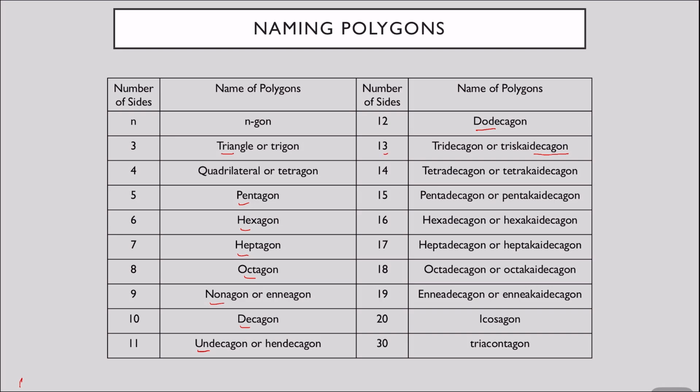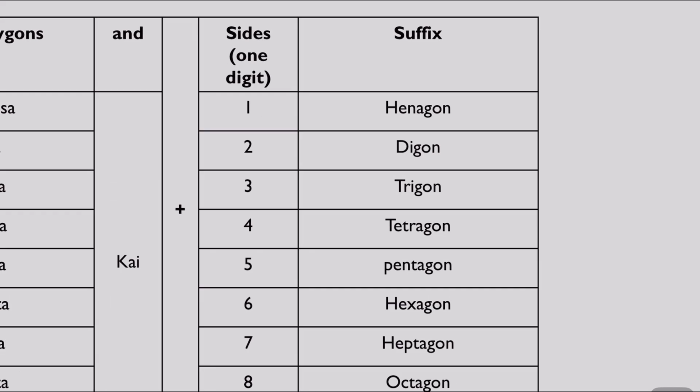So since we have 3, we have tri, or in this case it's tris. Then see that we have here an added syllable in the middle, kai. So as you can see, it's kai decagon, and then before kai decagon, makita mo yung prefix tetrakaidecagon.